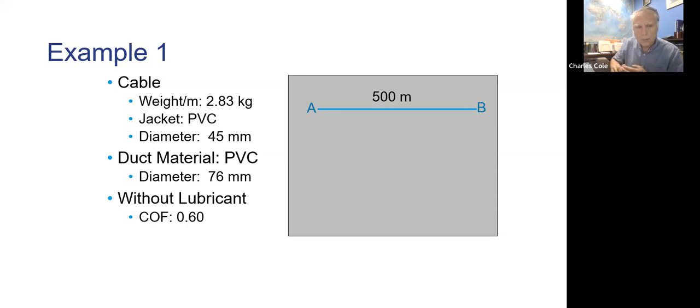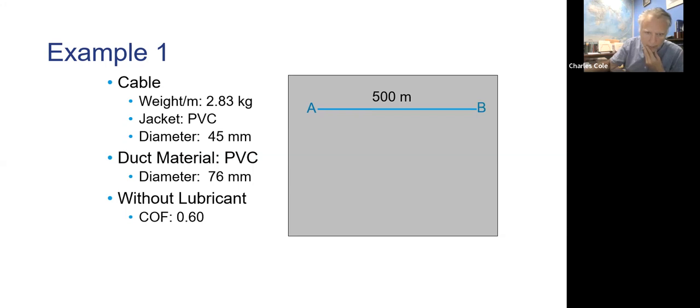So if your jacket was EPDM or a different type of jacket, and you're still using a PVC duct, your coefficient of friction would be different. But here we're not using lubricant, so with the cable jacket and the PVC duct rubbing against each other without lubricant, your COF is 0.6.